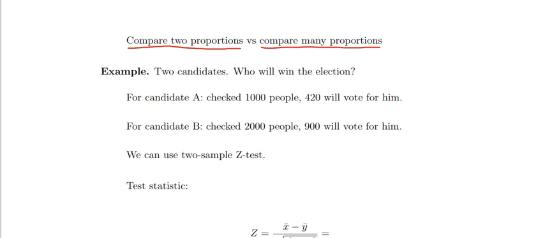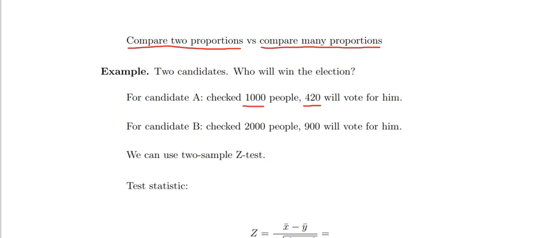Okay, so now let's consider this problem. We discussed this problem before, right? We have 2 candidates. We wanted to predict who will win the election. So we usually do a survey, right? Do some poll. Some agency did that. So we have this result. For candidate A, we checked 1,000 people and found 220 will vote for him.